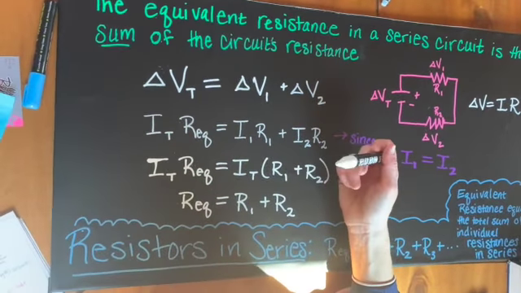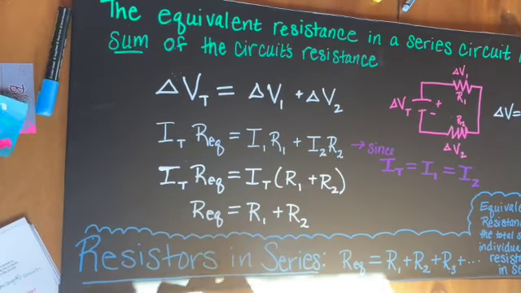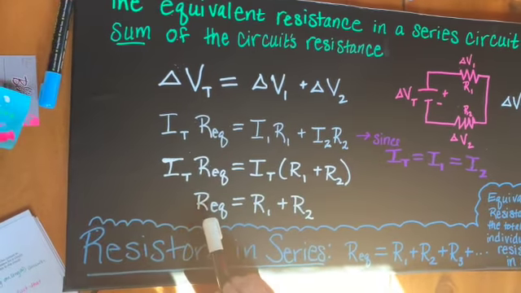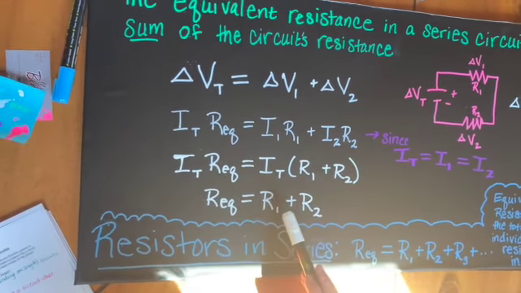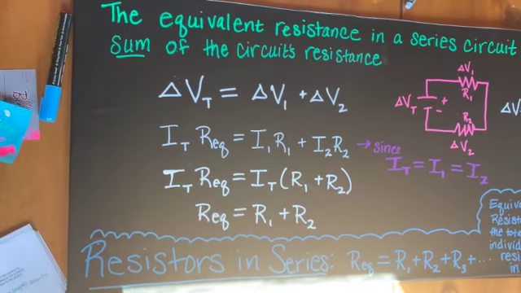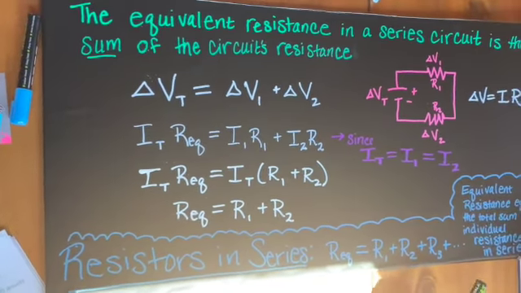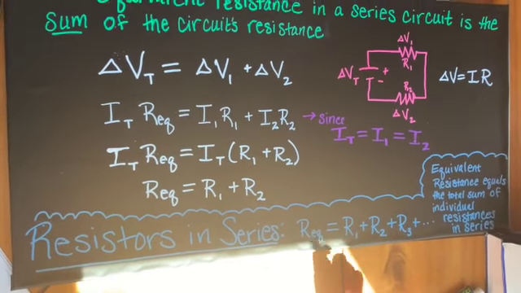Since it's on both sides of the equation, we can divide it out, and we find that our equivalent resistance is equal to the resistance of 1 plus the resistance of 2. Therefore, equivalent resistance equals the total sum of individual resistances in series.